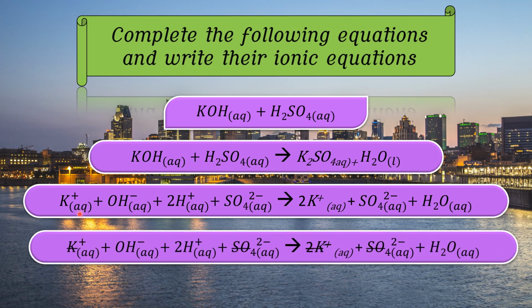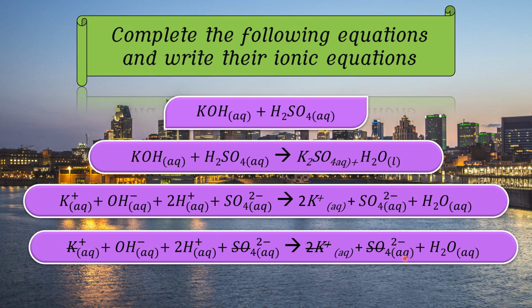So now we shall eliminate the spectator ions. Potassium is this side and this side. We shall eliminate. Then we have the hydrogen ions this side and the other side. We shall eliminate them. Then the sulfate ions this side and the other side. We shall also eliminate these ones. Then we shall remain with the hydroxide ions and the hydrogen ions.